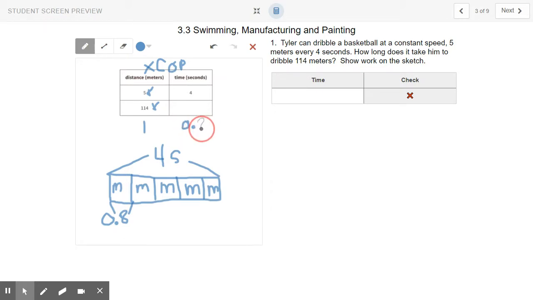So now I actually know that if I have 5 of 0.8, because each one of these is worth 0.8 seconds, every meter is worth 0.8. So 5 times 0.8 gives us 4. We just proved that. And if I want to know how long it takes him to go 114 meters, I'm also going to multiply by the COP of 0.8.